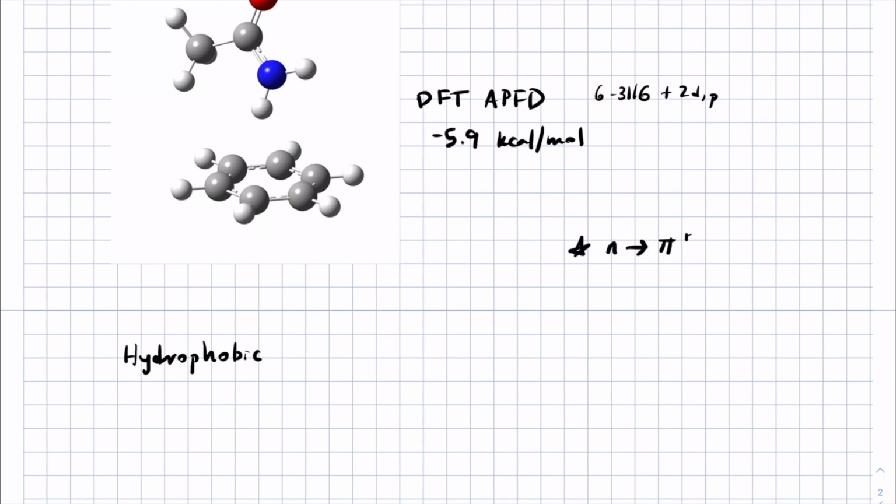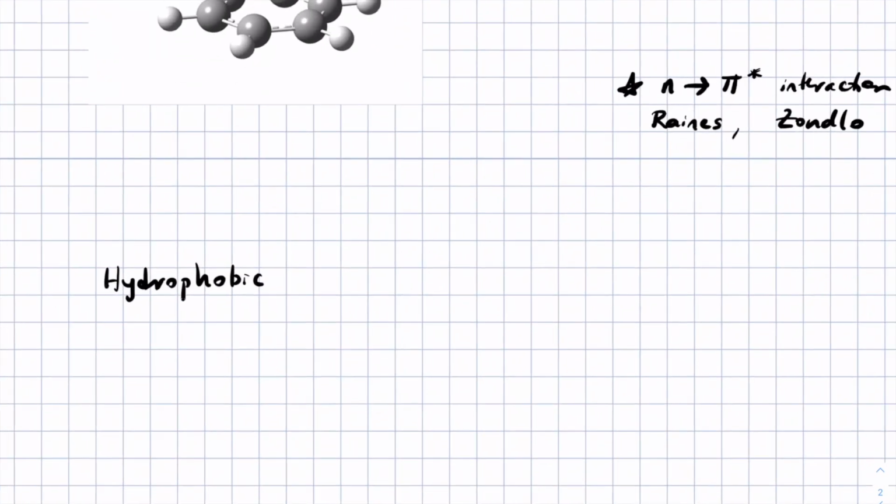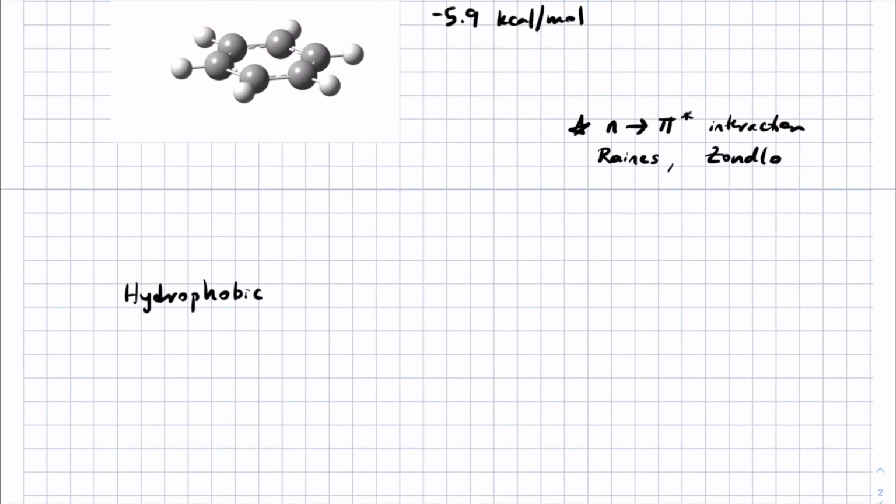These are called n to pi star interactions, and they've been studied a lot by people like Ron Raines and Neil Zondlo. It's kind of an unusual interaction that probably has been important for a long time, but its importance has only recently been appreciated.